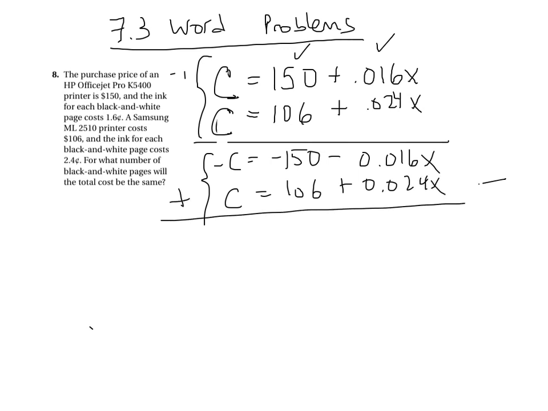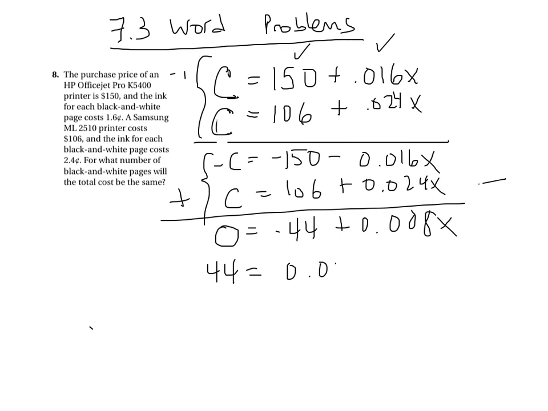We do this, we need to be careful here. Negative C plus C is actually 0. There's the equal sign. When we add here, we get negative 44. And when we add here, we get 0.008x. And to solve this, we're going to add 44 to both sides.